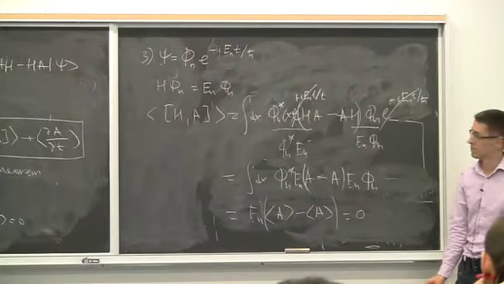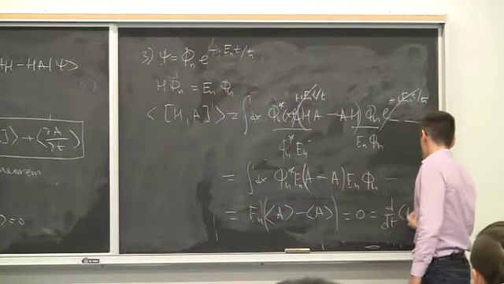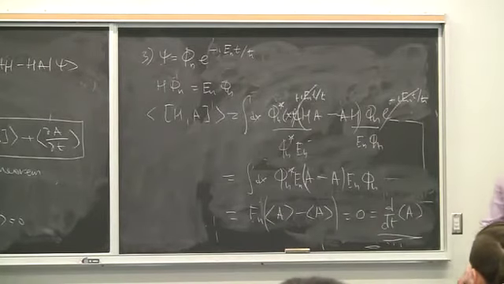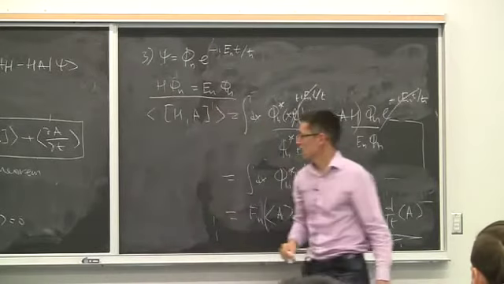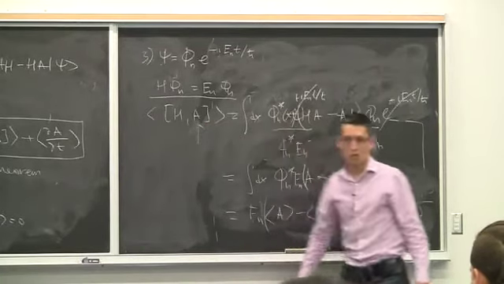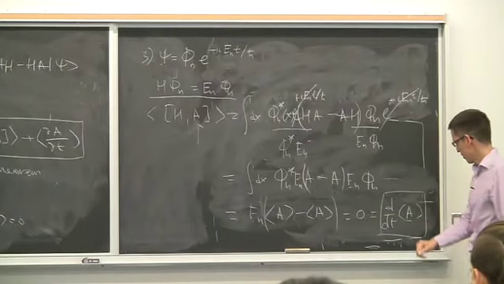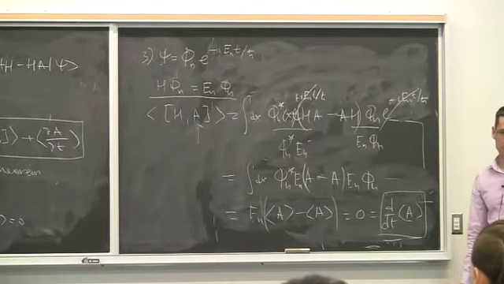And so this is d over dt of the average of A. So if you have a stationary state, it doesn't need to be an eigenstate of A for the average value not to depend on time.